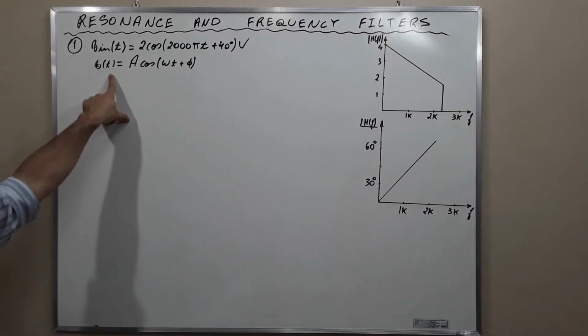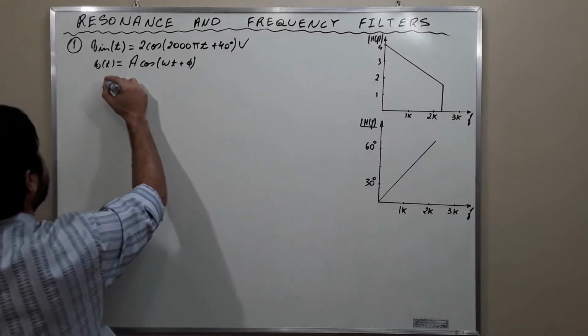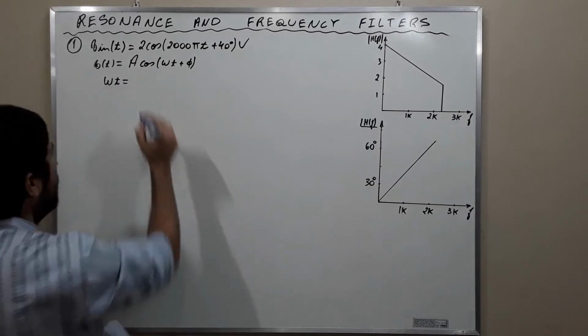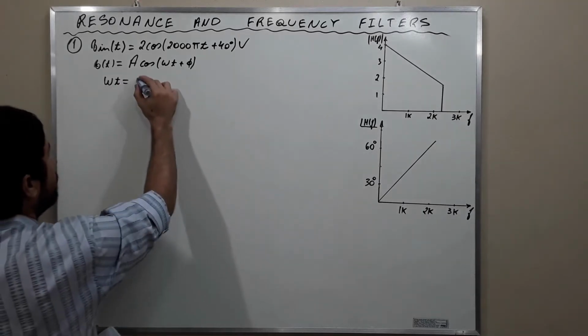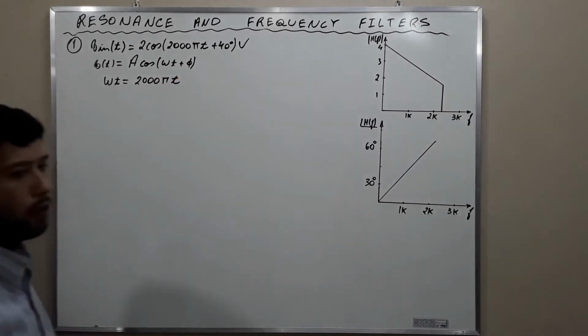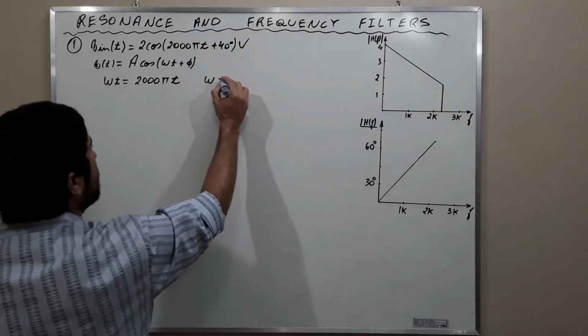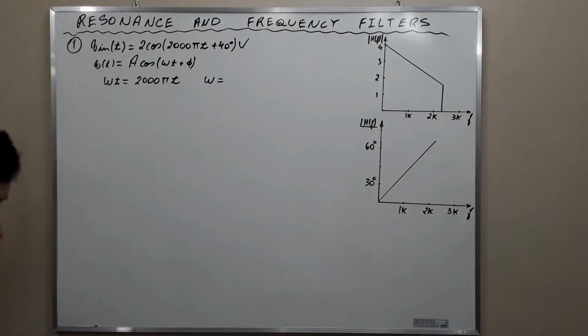Comparing the general representation of a sinusoid with the function given, we infer that omega t is equal to 2000 pi t, and that the angular frequency in this case is 2000 pi.